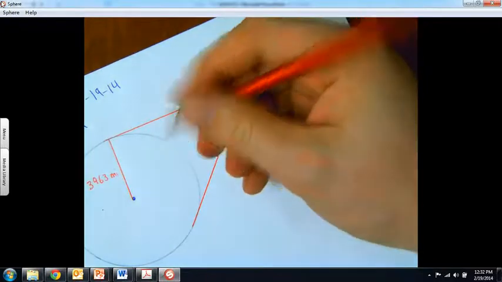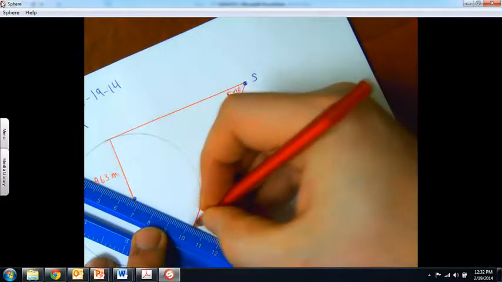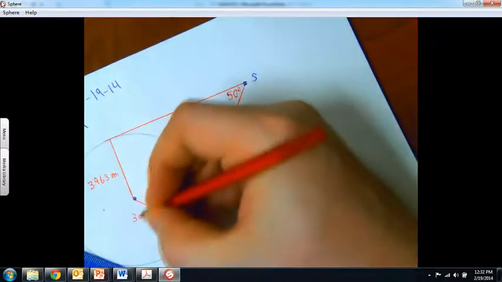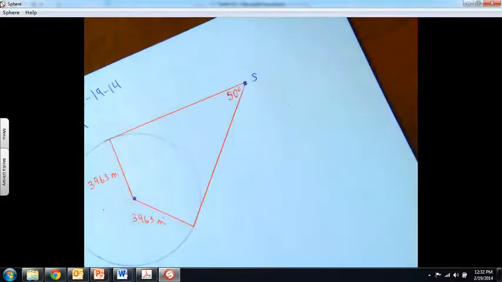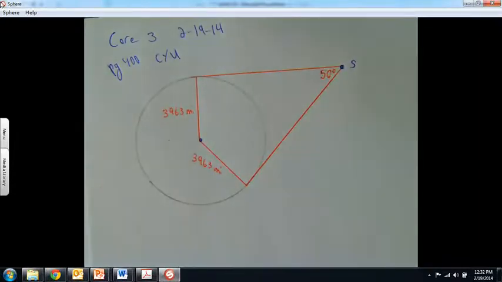I'm going to go ahead and draw the other one. 3,963 miles. Now we have the kind of diagram we've been working with. Okay, but in this case we have the Earth and a satellite, so it's actually a real-life application.